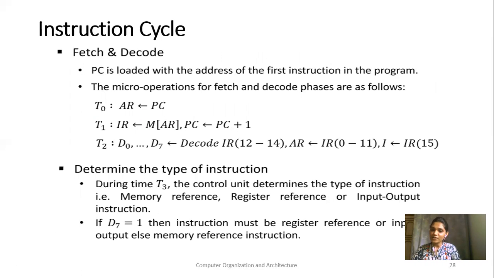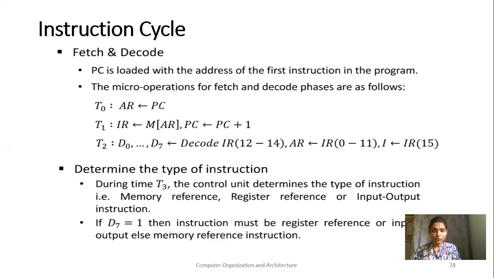Where is your address of instruction stored? That is stored in the program counter. So first thing, you will require the address of your instruction, which you have stored in the program counter, and you require to store it in the address register. Why? Because we know that the memory content we can access is only of the address which you have stored in the address register.